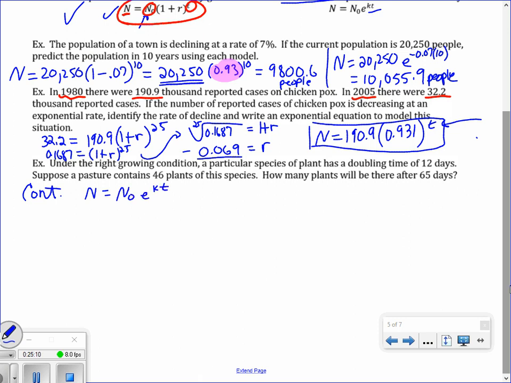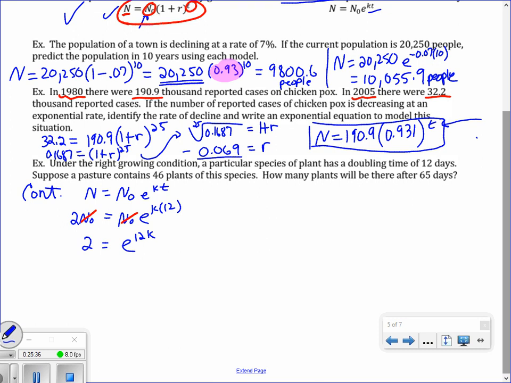Use my information. It doubles the original amount in 12 days. So if I keep my original amount, I'm going to have double that, so 2 of those, e to the k, and my time is 12. If I divide by N0, this is gone. So I have 2 equals e to the 12k.